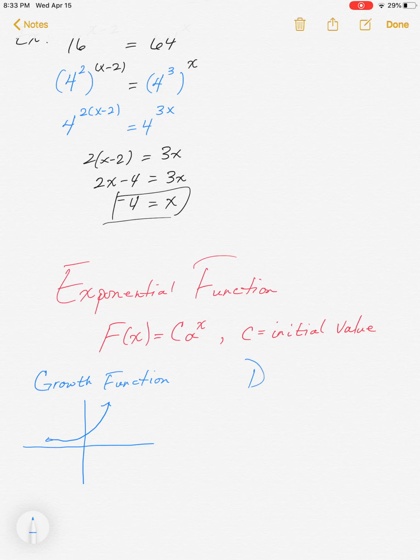Or you can have a decay exponential function, and your decay function, again, decreases rapidly. I just wanted to introduce that information for upcoming in the next video.